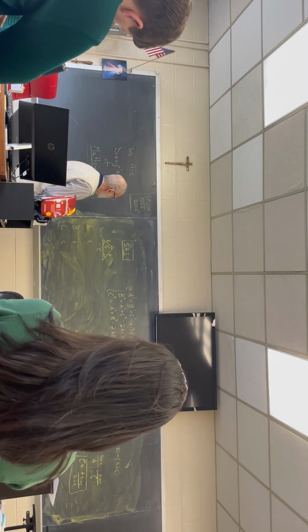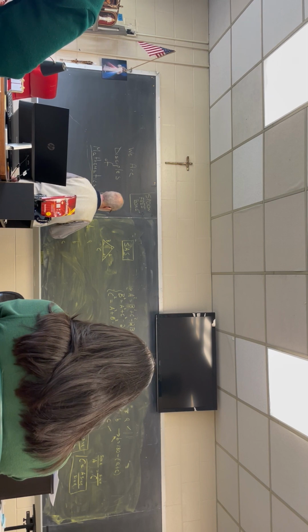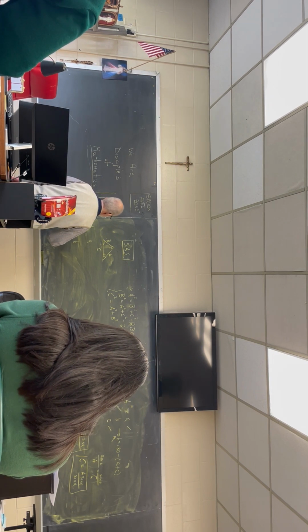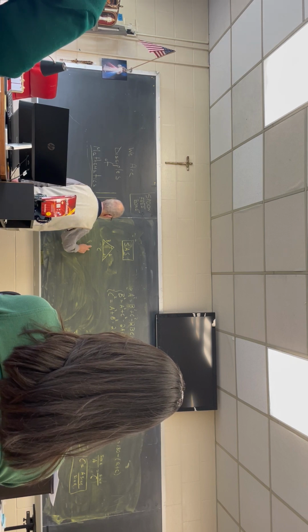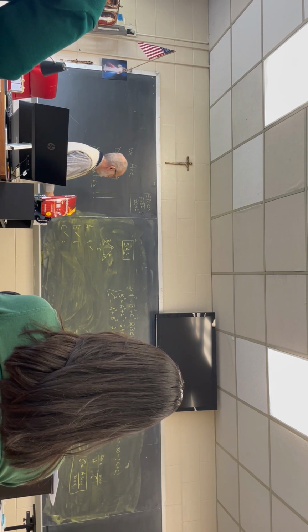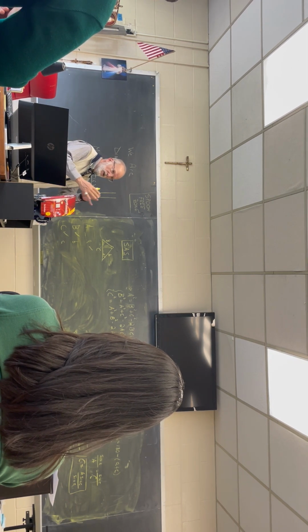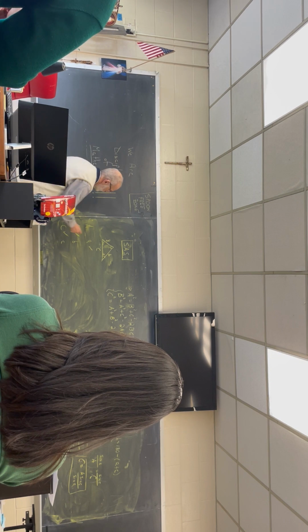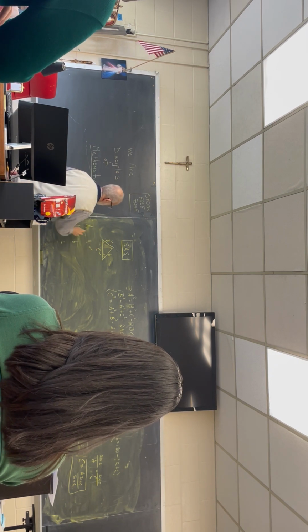So side, side, and the angle between. So let's say I gave you side C, side B, and the angle between them is A. And so that's side, angle, side. Two sides, B and C, and then the angle between.